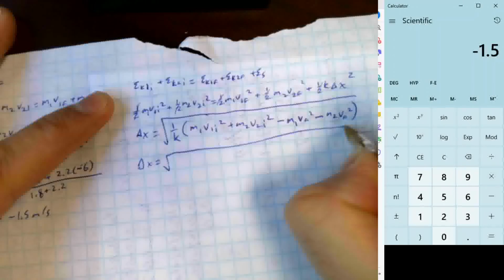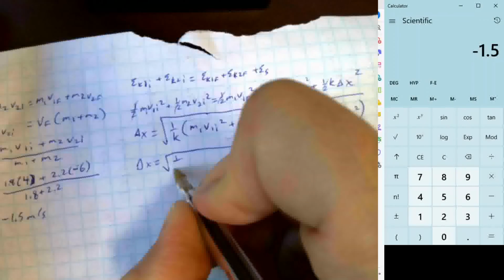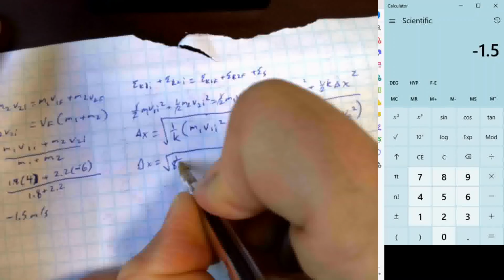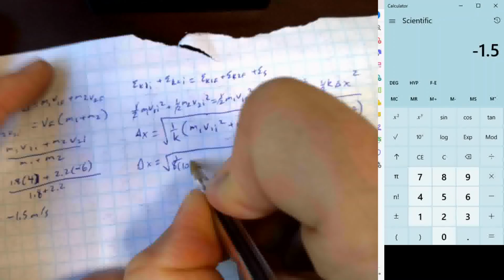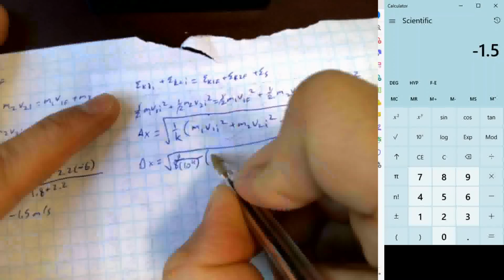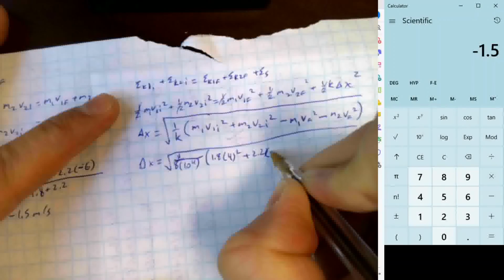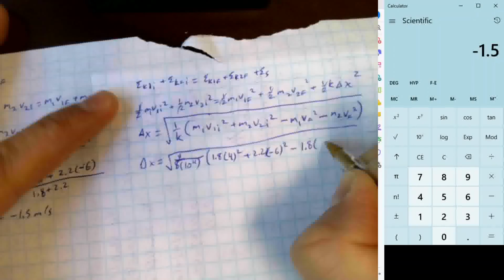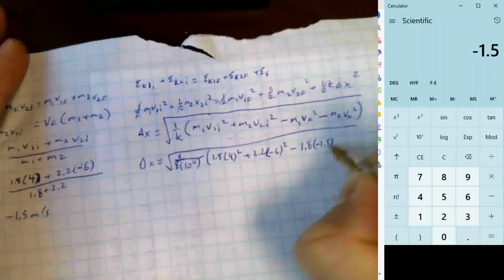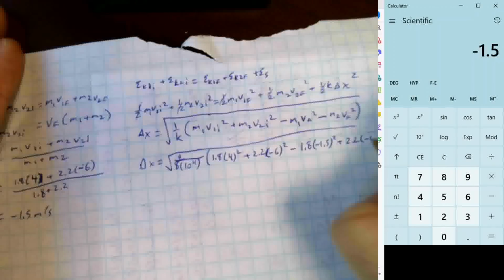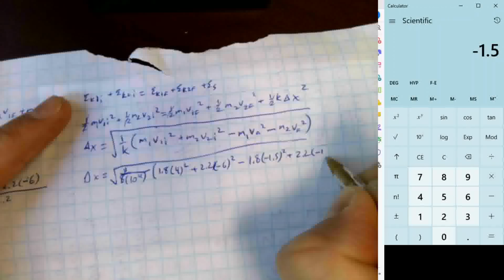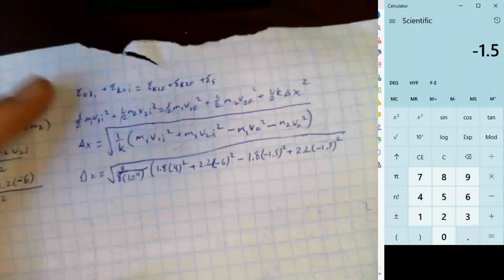Square root of 1 over 8 times 10 to the power of 4, bracket 1.8 4 squared plus 2.2 negative 6 squared minus 1.8 negative 1.5 squared plus 2.2 negative 1.5 squared. I could have simplified this by adding those together as well, but it's fine.